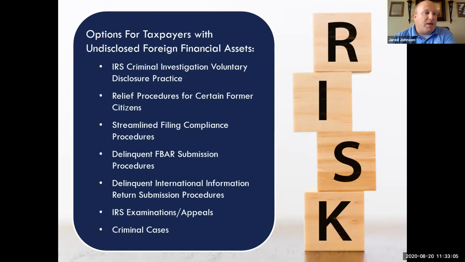I have a lot of people come to me and they say, well, how can I come clean? I haven't been filing my FBARs. I haven't been reporting my ownership in foreign entities, or whatever the case may be.